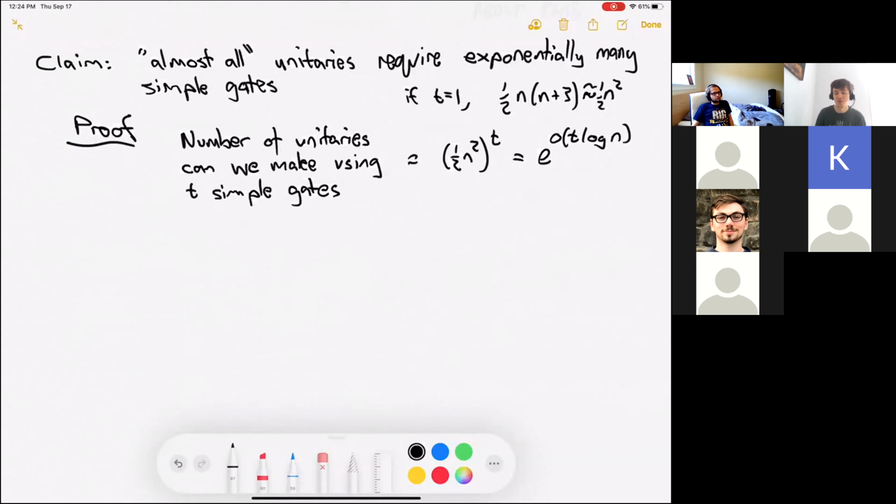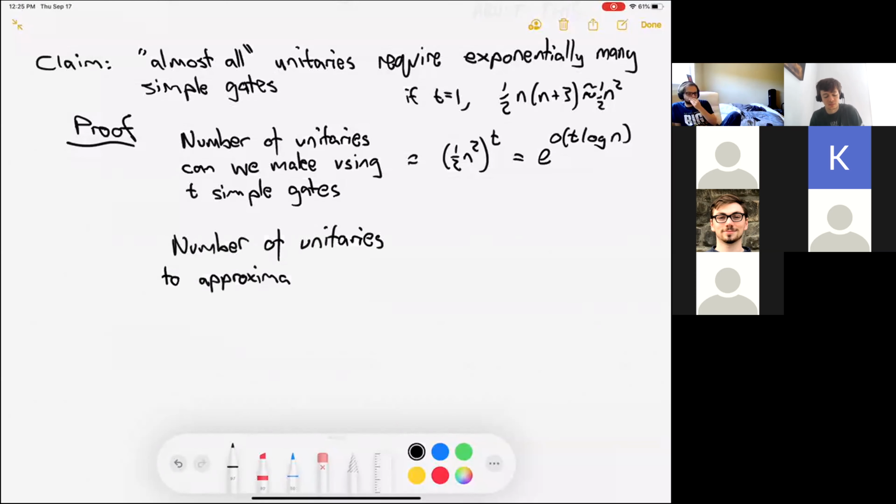Okay, now we want to know how many unitaries we need to be able to make every unitary. And by make every unitary, I mean the number of unitaries to approximate any unitary to epsilon precision.